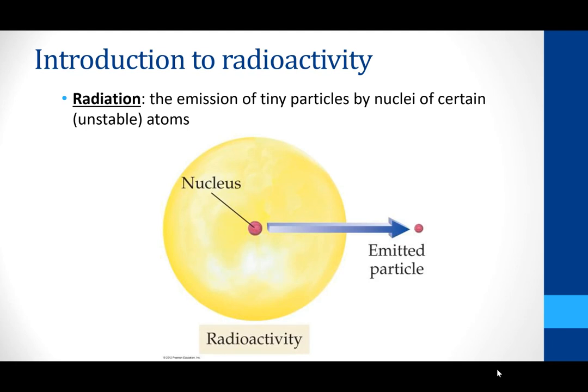As I alluded to in chapters past, this is going to be one of those cases where we're trying to gain stability. Everything we do in chemistry is about stability. So here we have an unstable atom. It's going to emit some sort of tiny particle, and that's going to help it to gain some stability. When it emits this tiny particle, that is called radiation.